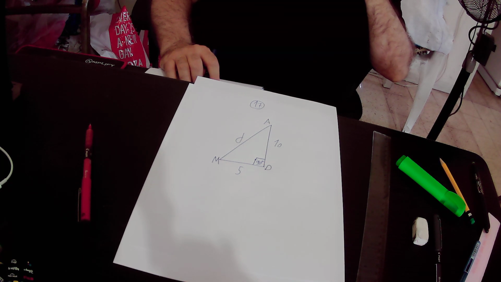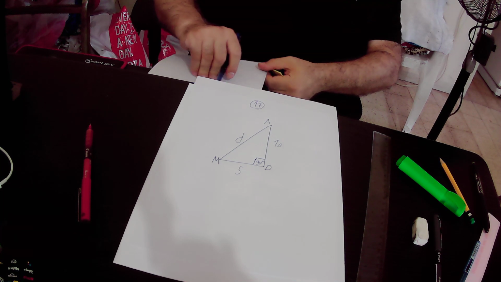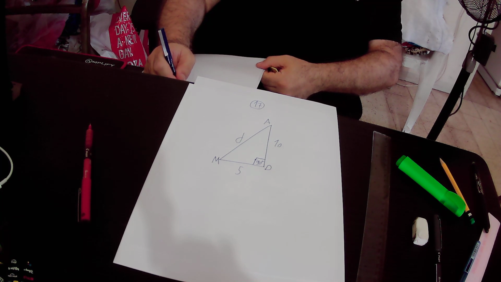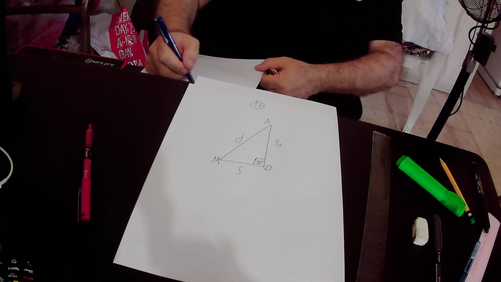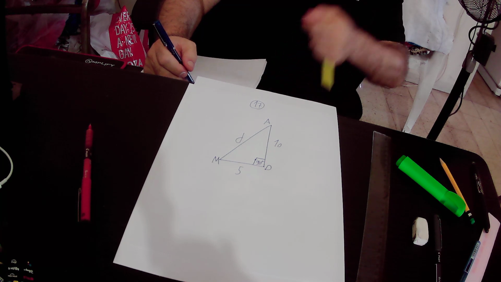So after we find the diameter, we will divide the result by 2 in order to find out the radius. Okay, the Pythagorean theorem is true only for right triangles. You can use it only on right triangles.